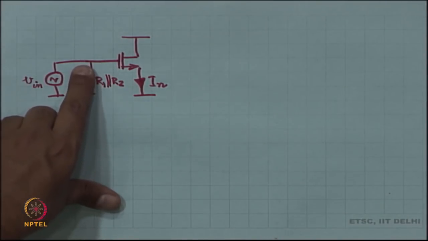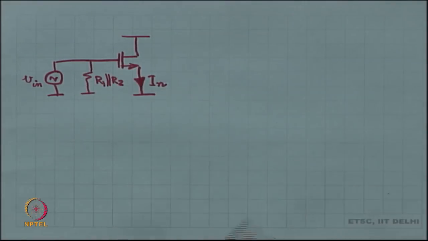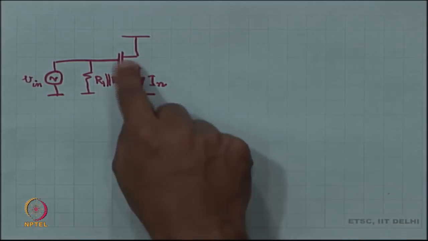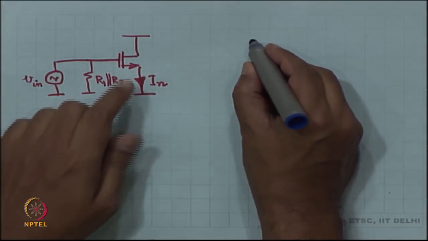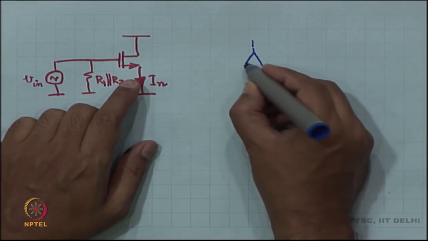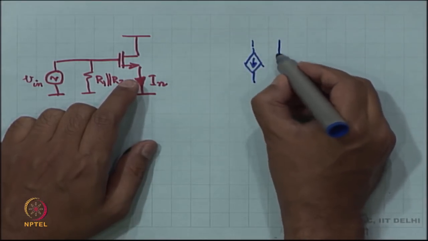What is it? So, I apply V in over here, right. Now, imagine the model inside this MOSFET. I am not going to redraw it, but this is just for your imagination. Inside the MOSFET, this is what is there.